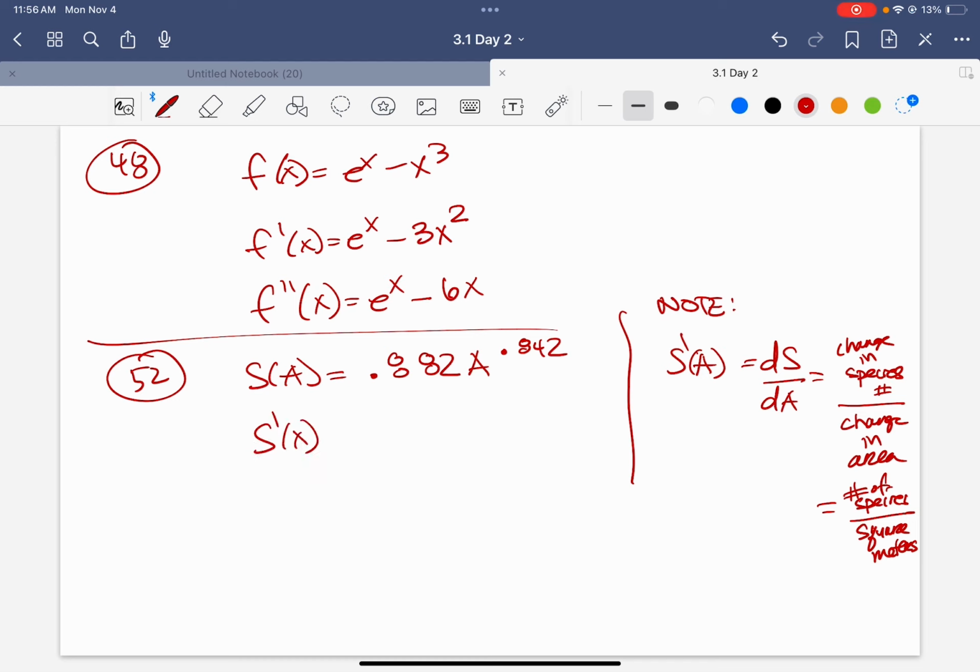So if I take my derivative, I get 0.882 times 0.842, A to the 0.842 minus 1.